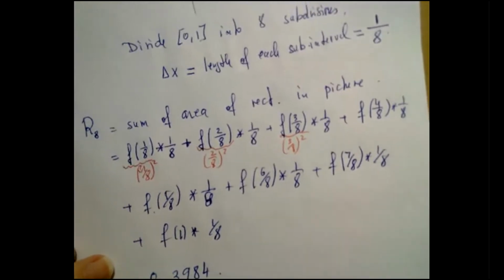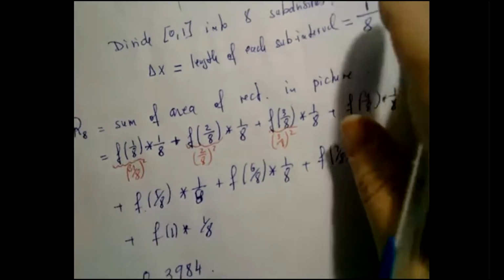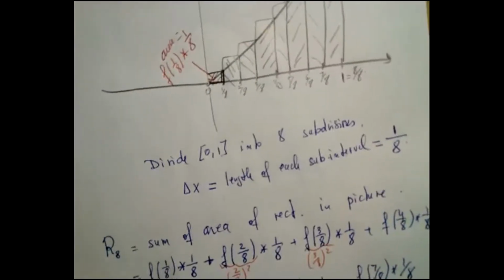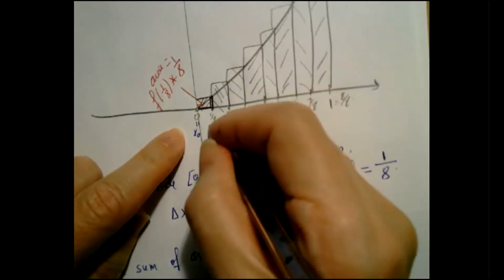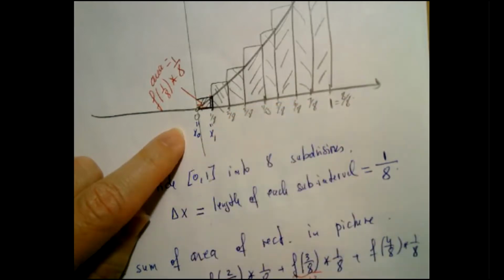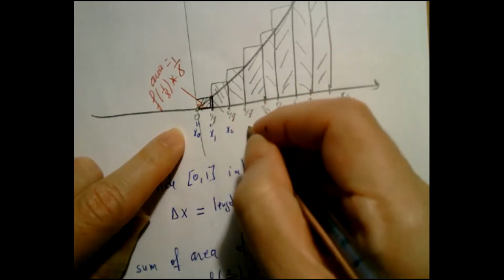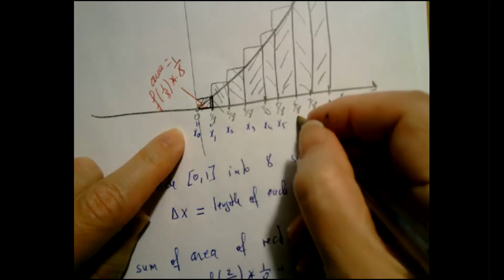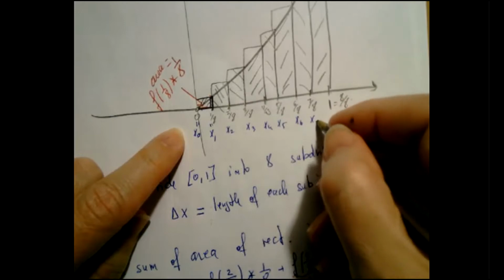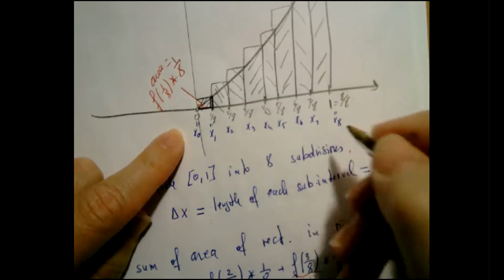Yes? Question? Okay. A little bit of notation to prepare for the general setting. This is, as I said before, usually called x0. And these we usually call x sub 1, x sub 2, x sub 3, x sub 4, 5, 6, 7, those are subscripts, and this we usually denote by x8.